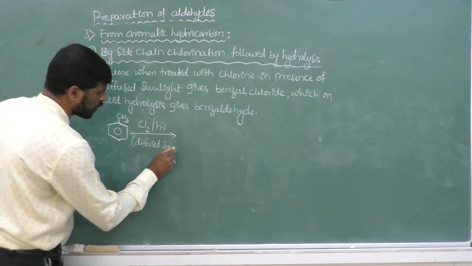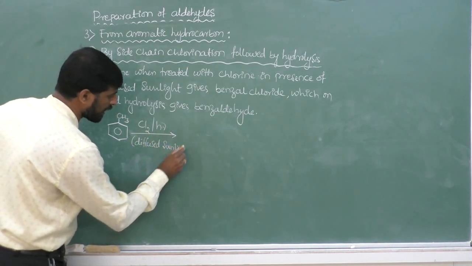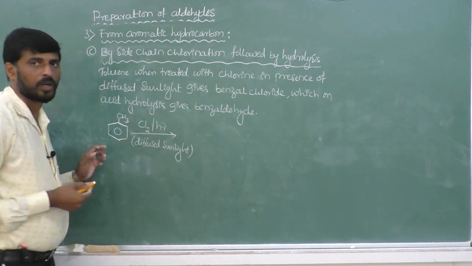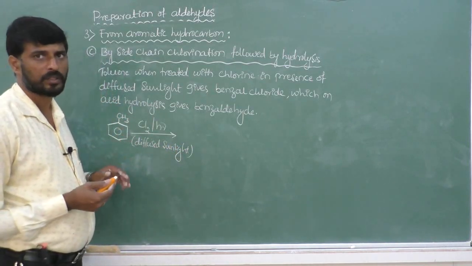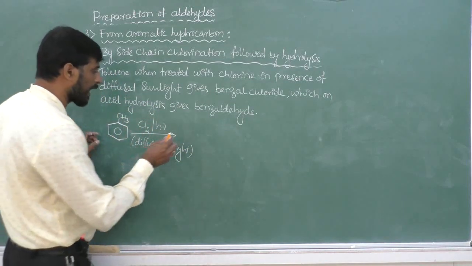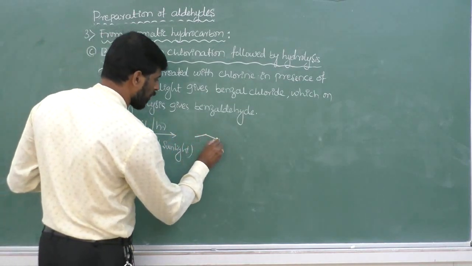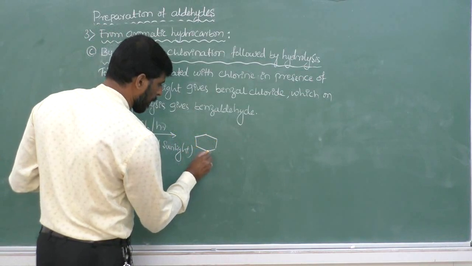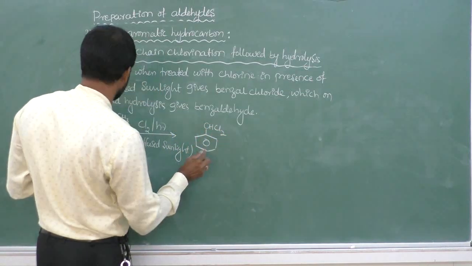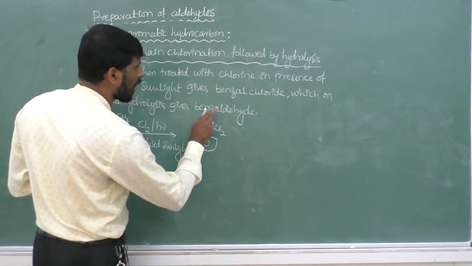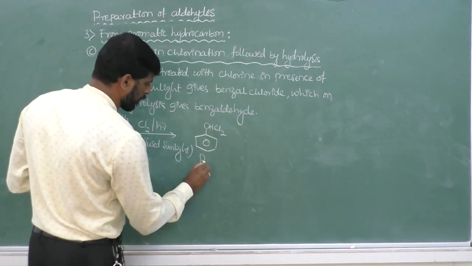Why do you have to use diffused sunlight? Suppose bright sunlight is present, all the hydrogens are replaced by chlorine. That is why you have to use diffused sunlight, that gives C6H5CHCl2. This is nothing but the benzal chloride.